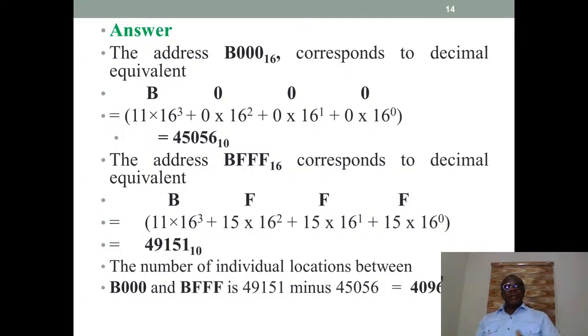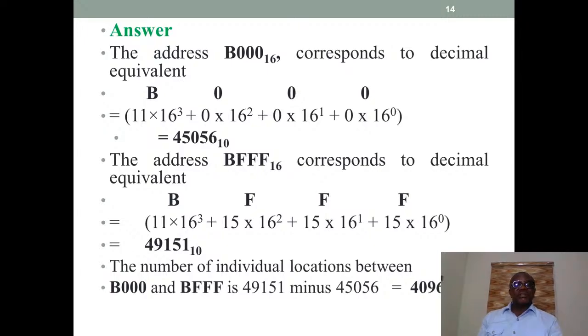If we do the same for the final address, which is BFFF in base 16, you see that in hexadecimal, 15 represents F. So if we work it the same way, the decimal equivalent will be 49,151 in base 10.